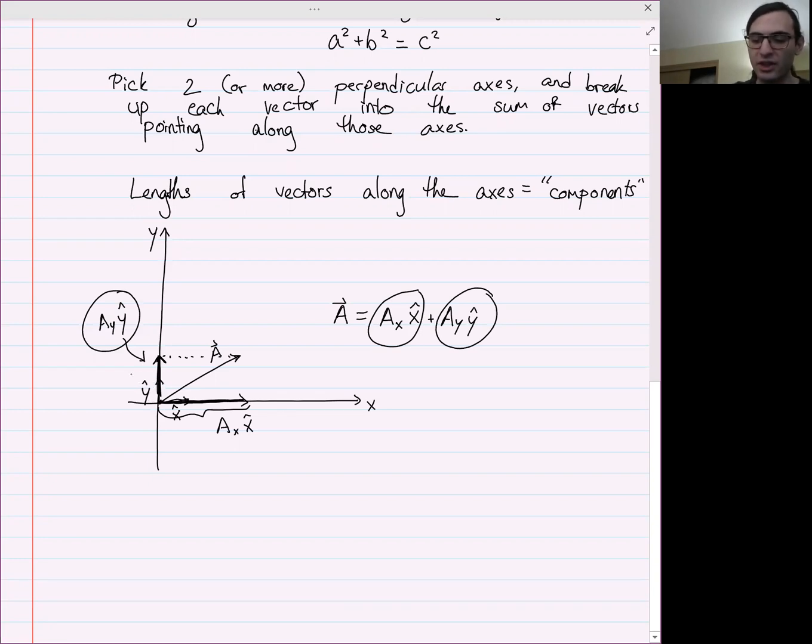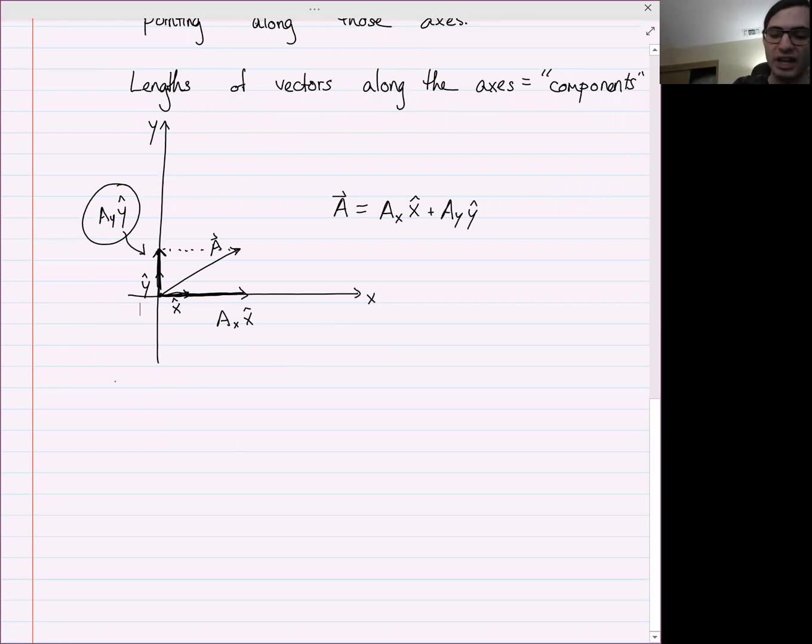When you add them together, head to tail, you get the original vector A. The numbers AX and AY are the components. They tell you how far the vector goes in each direction. And then x hat and y hat are just the associated directions. Remember, unit vectors are associated to directions because they don't have a meaningful magnitude. They have length 1.